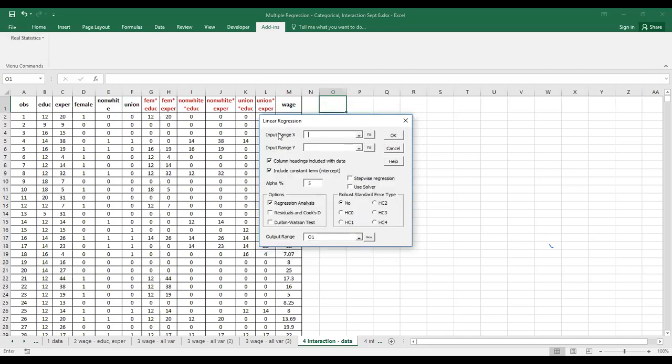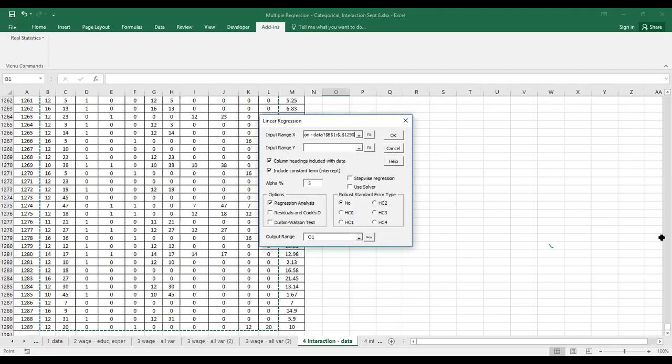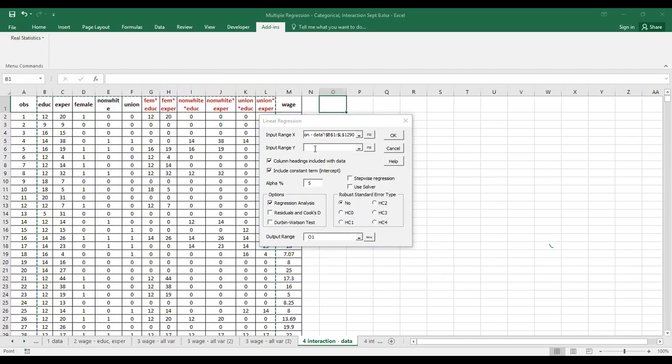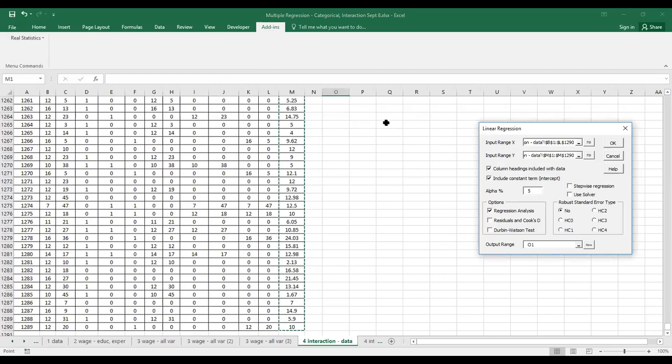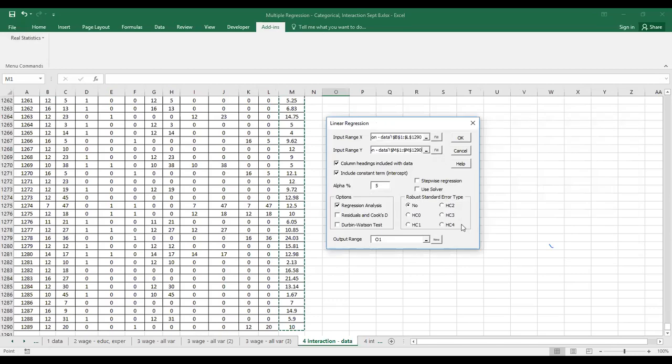Our X will be from education up to the interaction of union and experience. So those are our independent variables. Then our Y is the wage. Same thing, let's not click anything else yet. Just this.